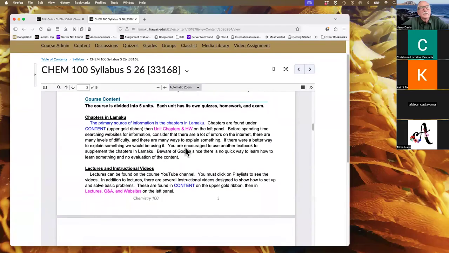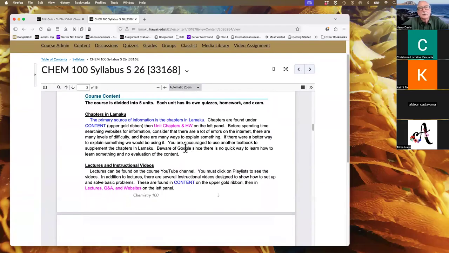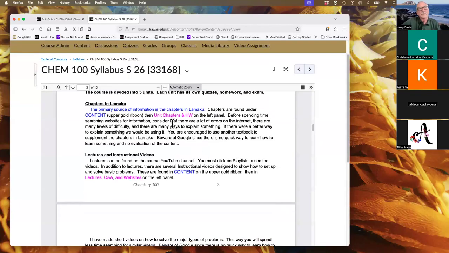So we have 5 units. Each unit has its own set of quizzes, homework, and an exam. That means you have 5 exams. And the primary source of information is going to be the chapters in the book. So I wrote the book and I've been using it for quite a while.